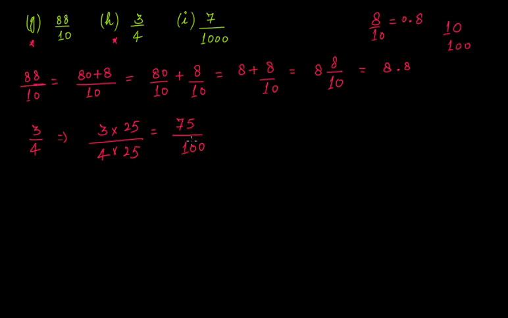How? 75 over 100 tells you that it is 75 hundredths, right? And this can be written as 0.75. 75 over 100 tells you that at the 100th place you have 5 and at the 10th place you have 7. 75 over 100 is 0.75.